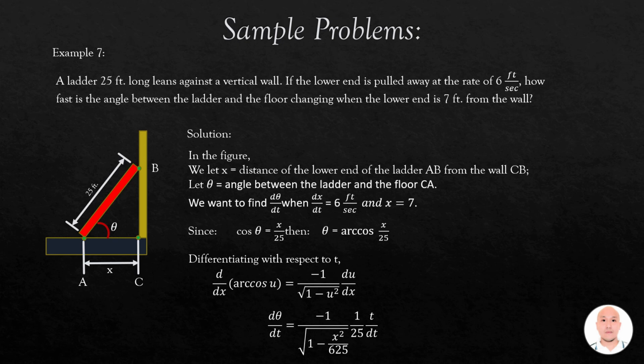So this is our u. So this one comes from x over 25 squared. So this equals x squared over 25 squared, which is 625, times 1 over 25 times dx over dt. So this is in terms of time.